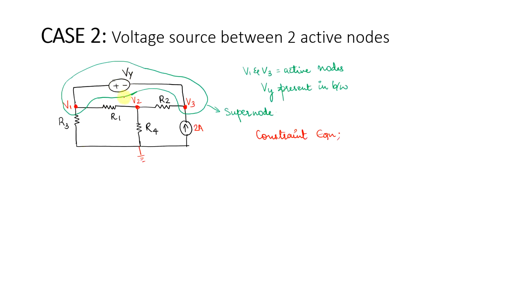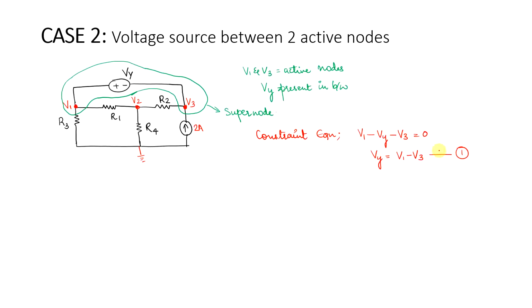I can write the constraint equation for this particular supernode as, say I'm starting from this point, V1 minus Vy minus V3 equal to 0, or I can write this as Vy is equal to V1 minus V3. So this becomes your first linear equation.